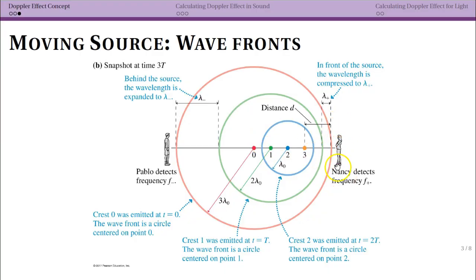So Nancy's going to have shorter wavelengths, Pablo's going to have longer wavelengths, which means that they get two different frequencies. So please pause, look at these slides, look at the picture in the book, and make sure that you understand what's happening here. And again, keep in mind that this is the model for a moving source where your wave is something like sound. This is not quite the model to use for light.